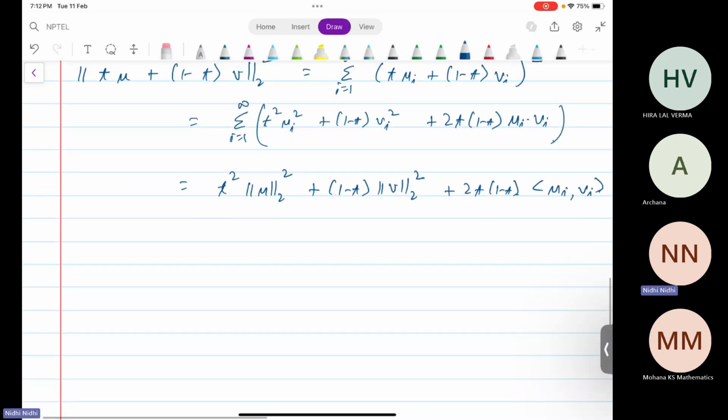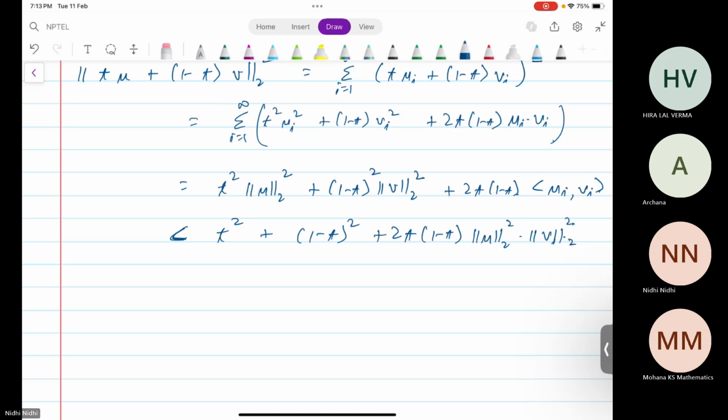Now this will be strictly less than t squared plus (1 minus t) squared plus 2t(1 minus t) norm u norm v. We are getting this strict inequality because in the Cauchy-Schwarz inequality we know that we have equality if and only if the vectors are linearly dependent.